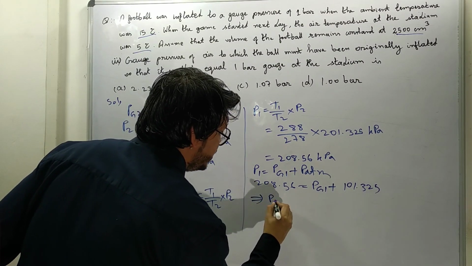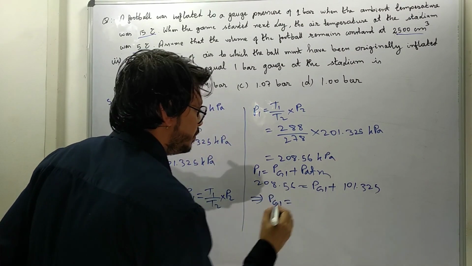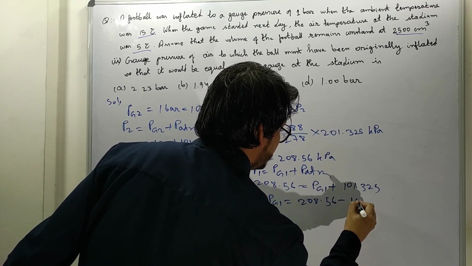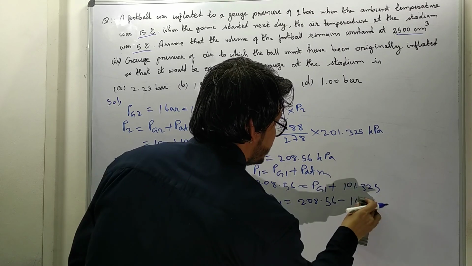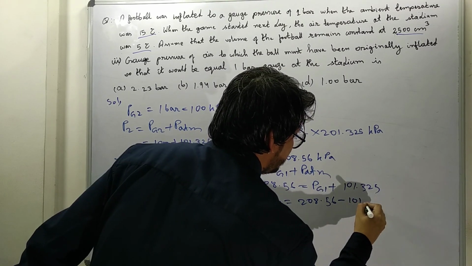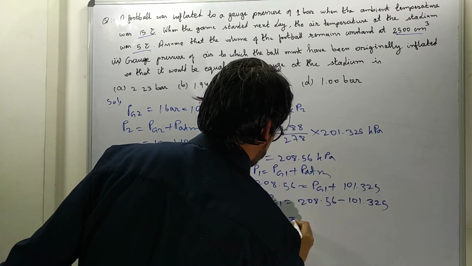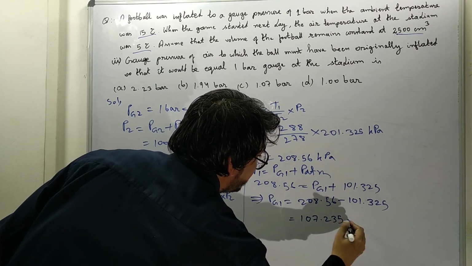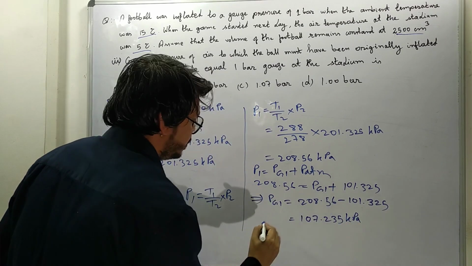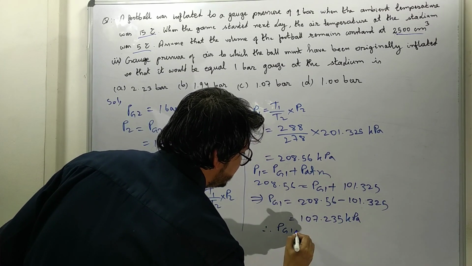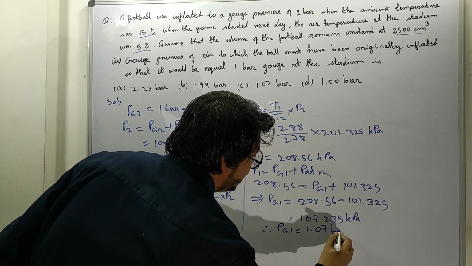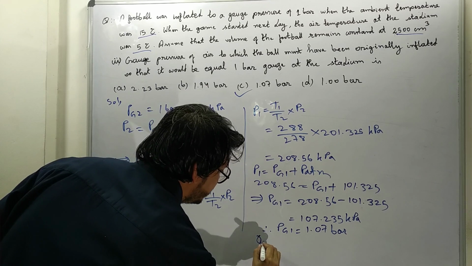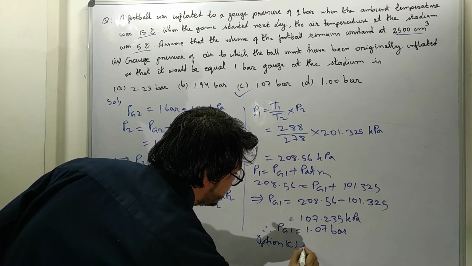P gauge 1 is equal to 208.56 minus 101.325. On solving we get the gauge pressure as 107.235 kilopascal. Therefore Pg1 is 1.07 bar. So option C is correct.